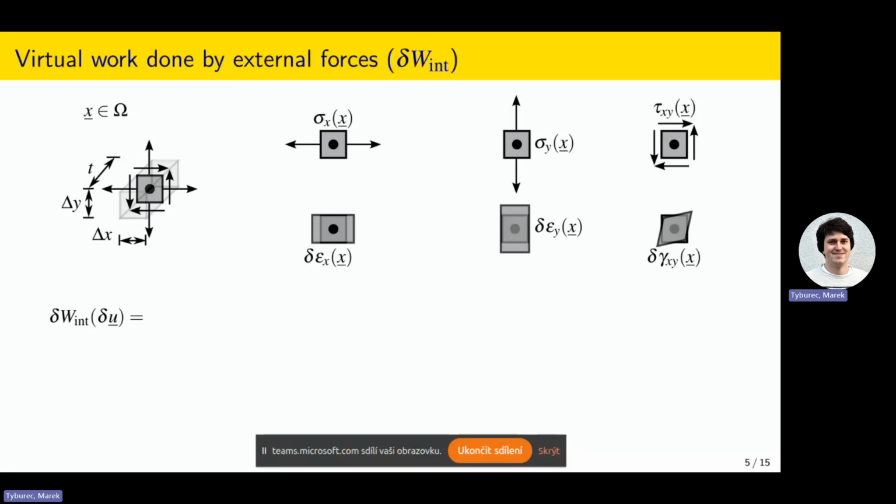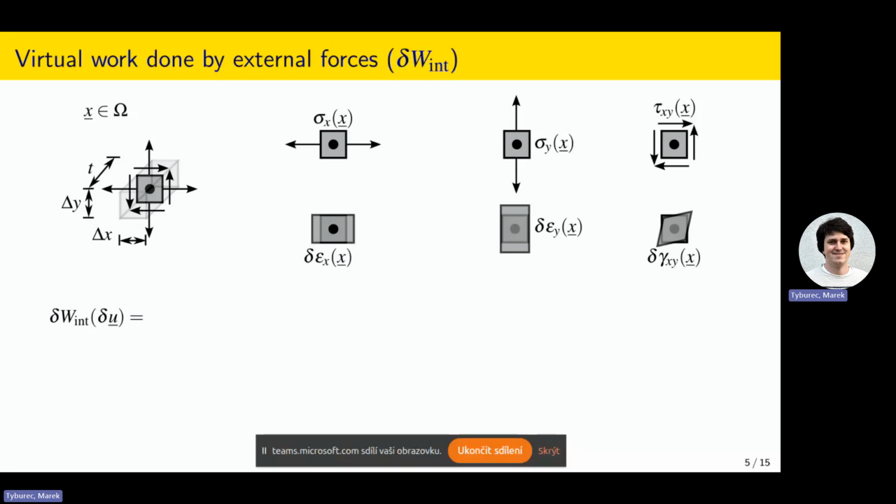And it also works on a virtual displacement, which is the delta x of x.